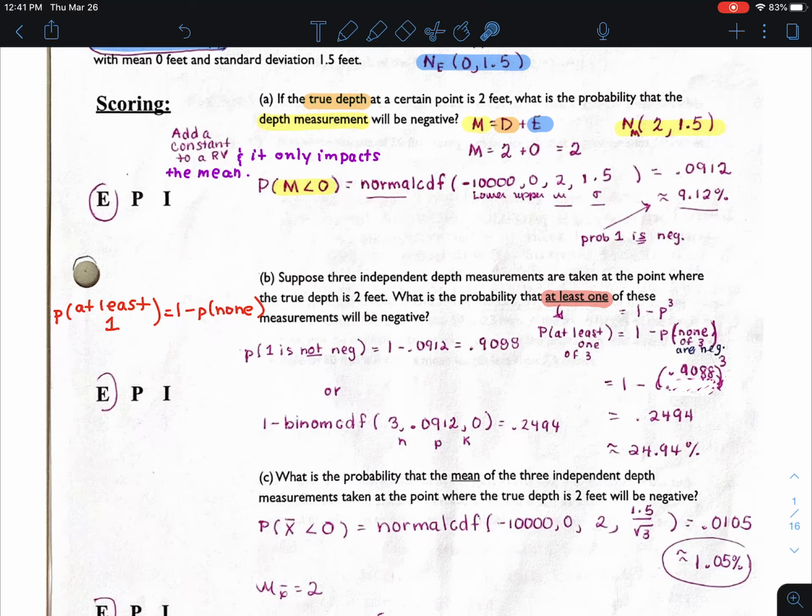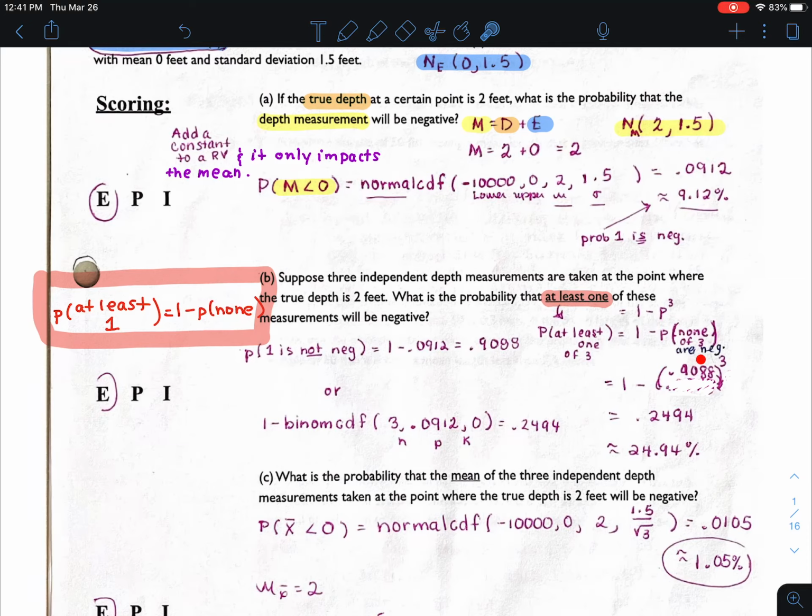When we see the phrase at least one, we immediately want to think of this little setup here, that the probability of at least one is typically found by taking 1 minus the probability of none. So if we're saying what's the probability that at least one of the 3 would be negative, then we really need to calculate 1 minus the probability that none of the 3 would be negative.